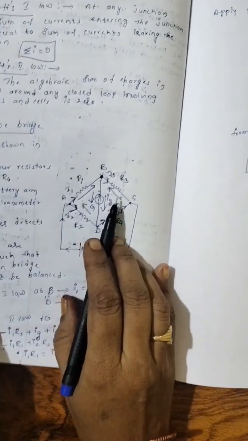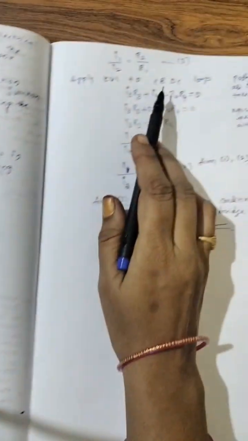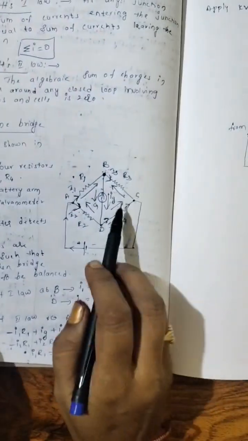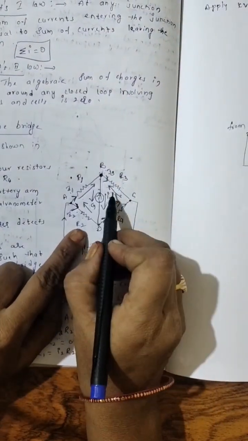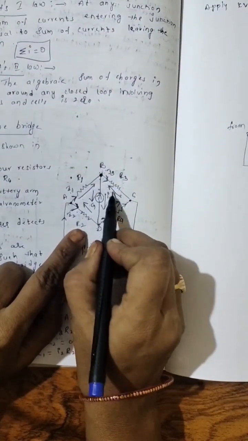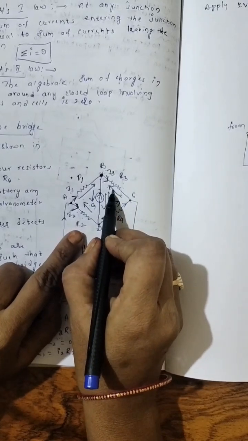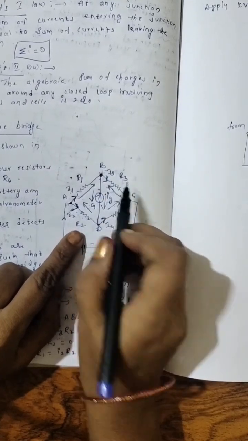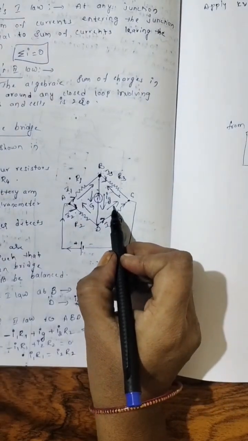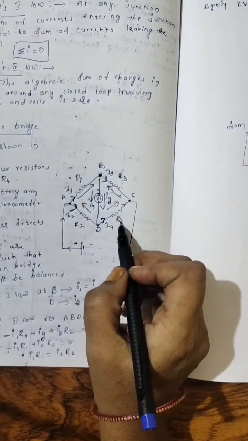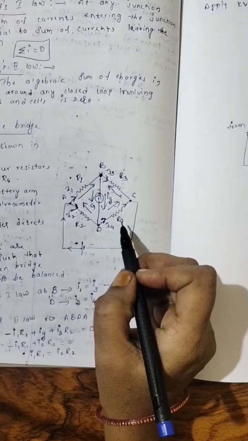Similarly, next loop, what did I take? CBDC. So C to B, current and path direction are opposite, so I took I3 R3 with positive sign. And here current and path direction are the same, so I took I4 R4 with negative sign.